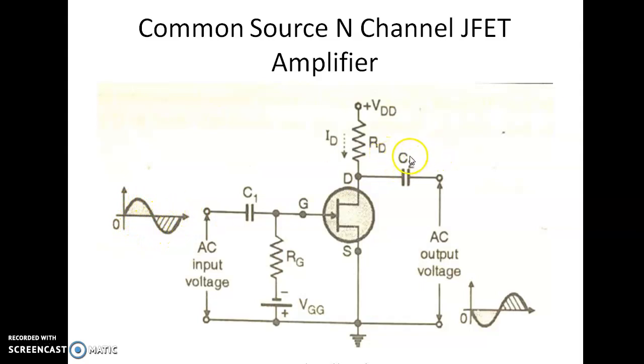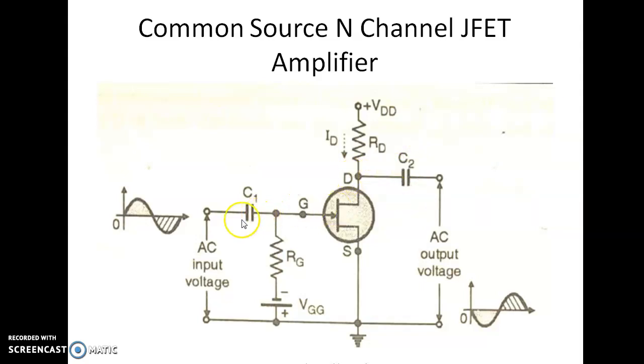Coupling capacitor C2 is connected between the drain terminal of the junction field effect transistor and the load. It also passes the high frequency component obtained after amplification of the input signal. Coupling capacitors C1 and C2 both block the DC signal.